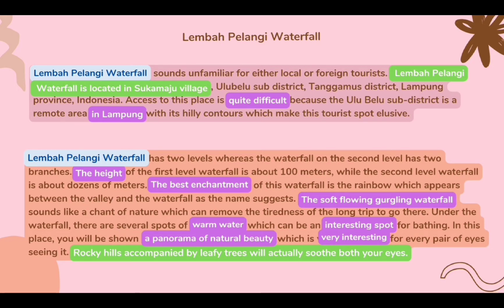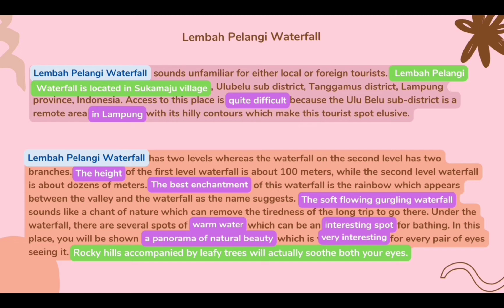Then, the purple colors are to identify the use of adjectives and adverbs in order to clarify the noun specifically. And last, the green colors are to identify the use of present passive voice. Next, we can see that the pattern used in the text is simple present tense. Simple present tense is used to tell the fact about the place being described.